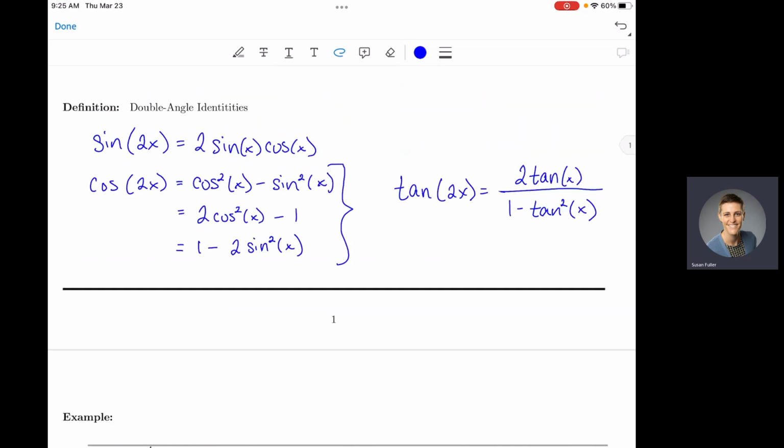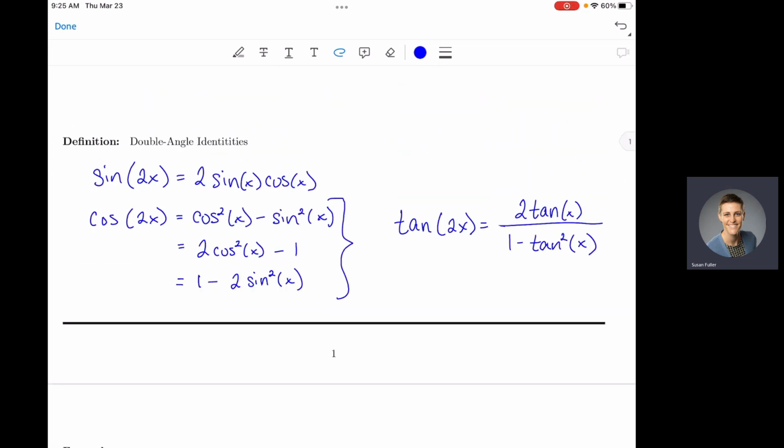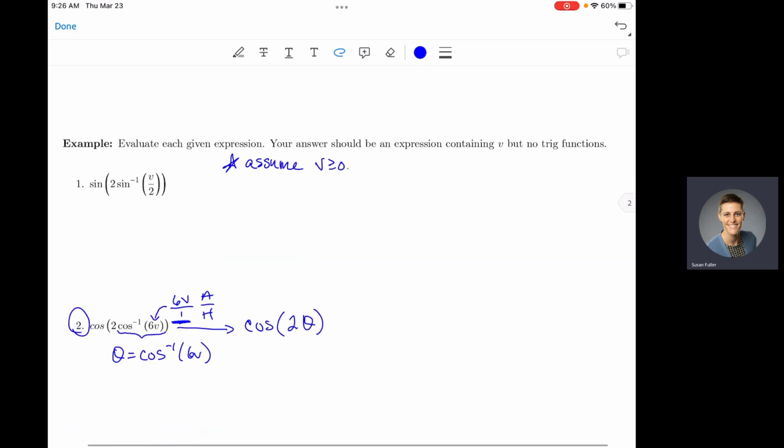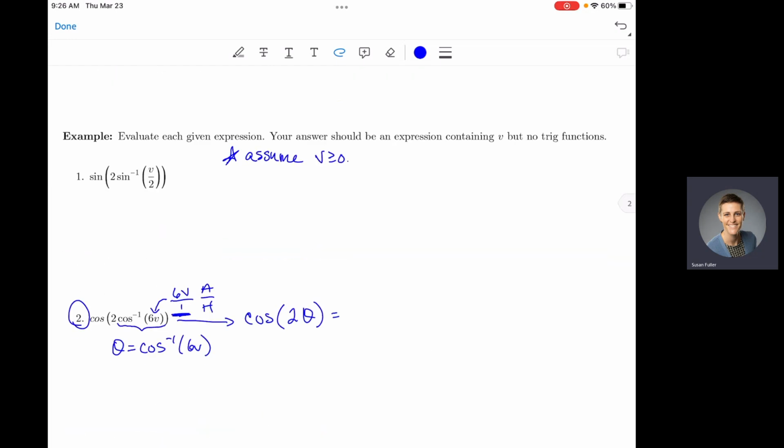So I'm going to make my life easier here, and I'm going to pick the form that has the cosine value in it and only the cosine value. You can pick one of the other two as well, and I'll show you how to do that in a minute. But I'm going to pick this one and take the path of least resistance. So I'm going to use this middle one here, 2 cosine squared of theta minus 1.